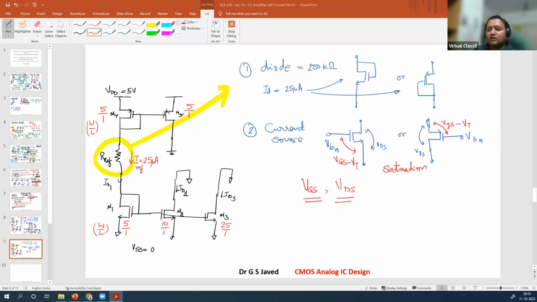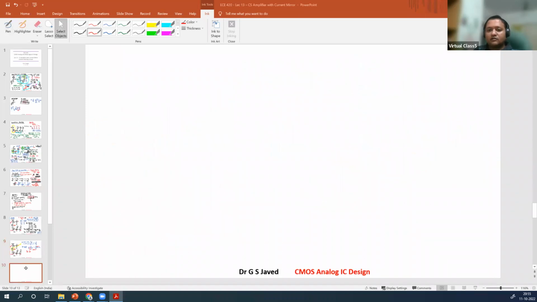Similarly, we will give you a homework assignment. Let us see if you can do it before tomorrow's class. So the example is going to be as such. Intuitively, if you want a PMOS load or an active load using a single current source for both these, how do you implement it?